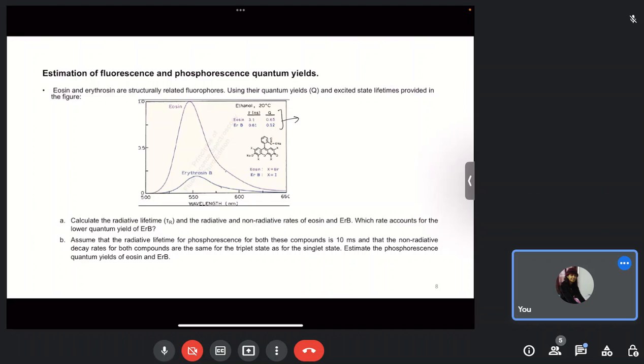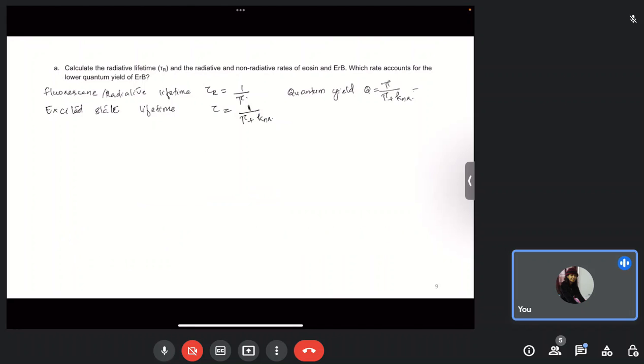So the quantum yield can be rewritten as 1 divided by gamma plus kNR, divided by 1 divided by gamma. This is the same as this one, right? I'm just rewriting the equation like this, which says that we can rewrite the quantum yield in terms of the radiative lifetime and the excited state lifetime.